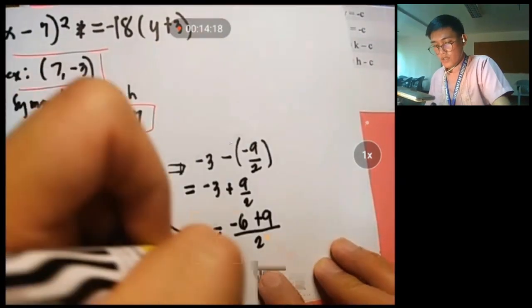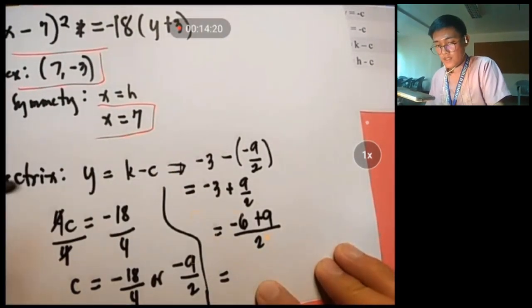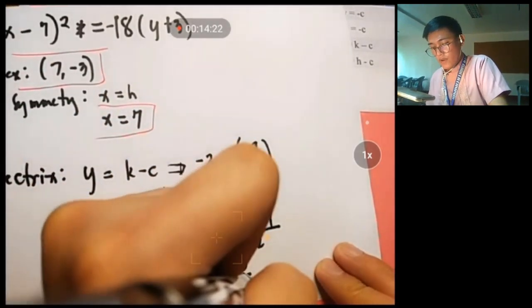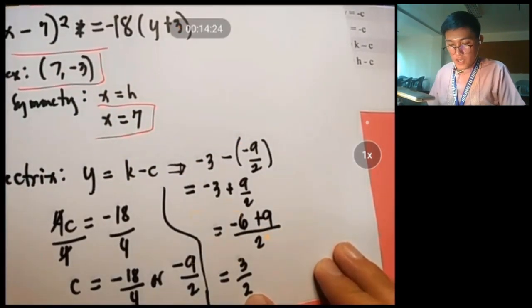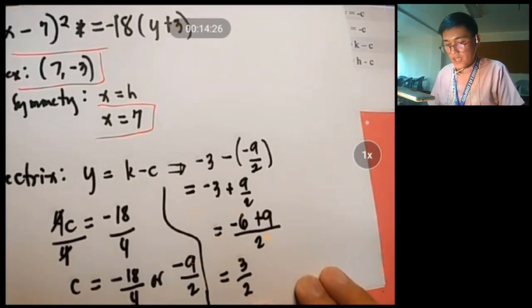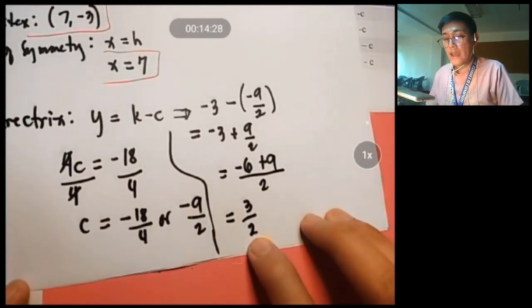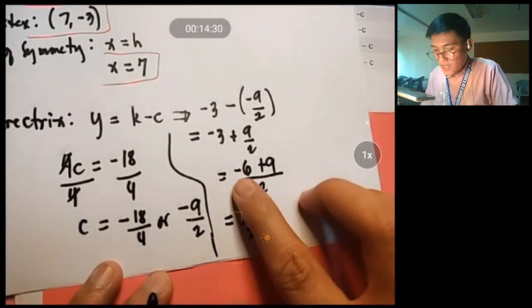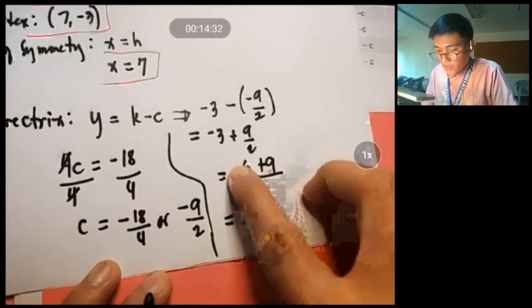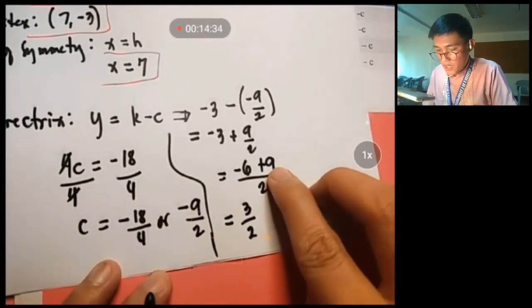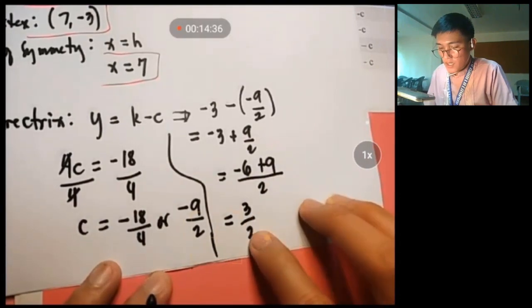Final answer we will get 3 over 2. So our directrix has an equation y equals 3 half or 1.5. Let's check. 2 times negative 3 is negative 6, tapos 9. Negative 6 plus 9 is 3. 3 halves. Alright, we got it.